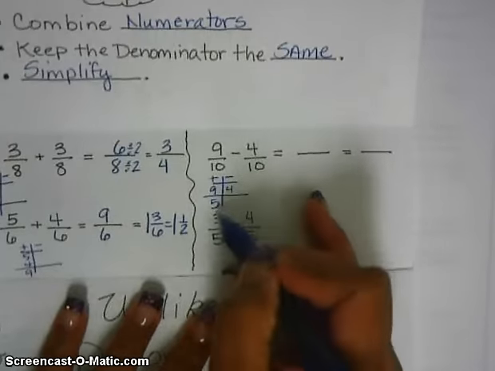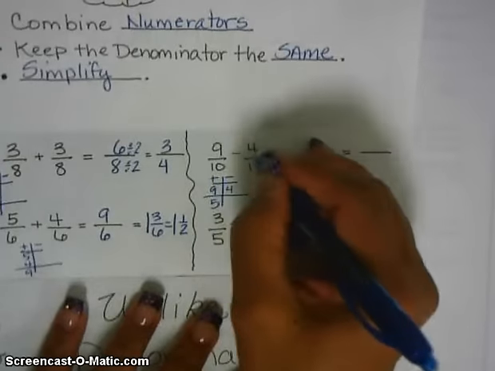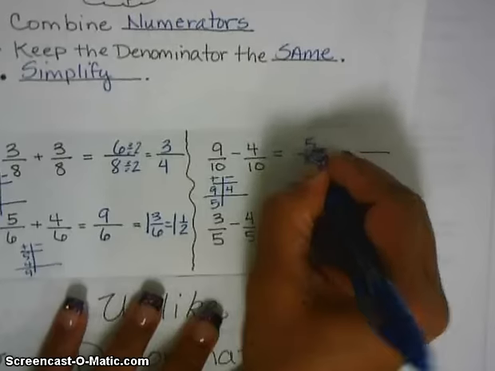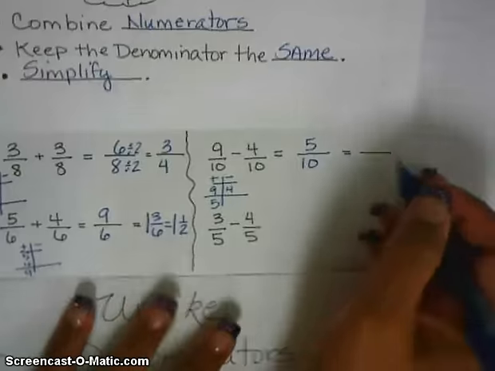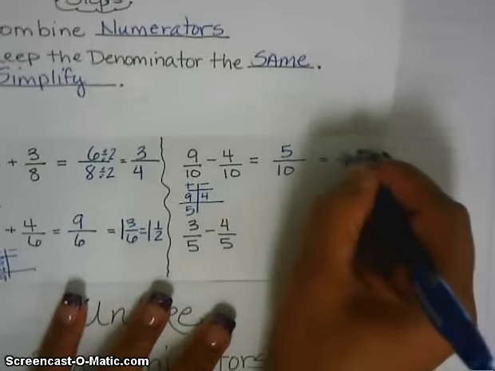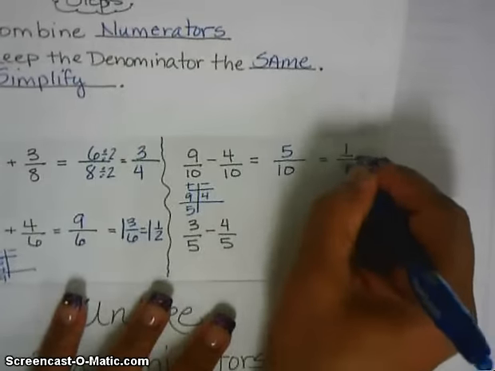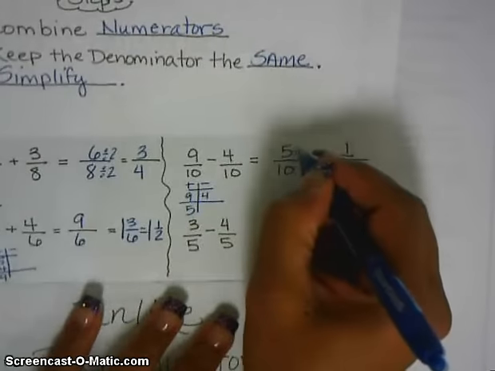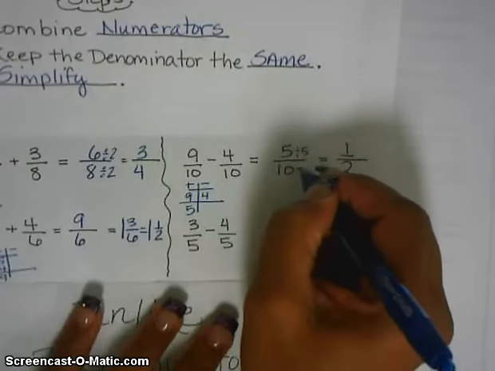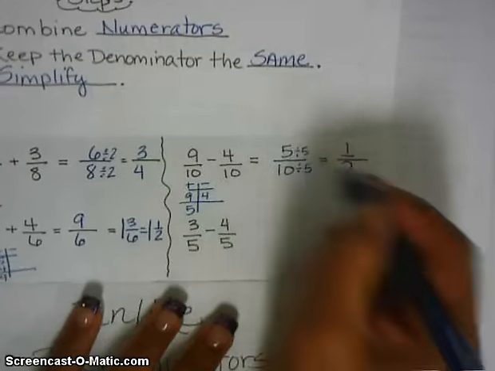My positives win by 5. So a positive 9 and a negative 4 give me a positive 5. My denominator stays the same, so it's 5/10. 5/10, I know when I simplify that is 1/2. I divide both of these by 5. That is their common factor.